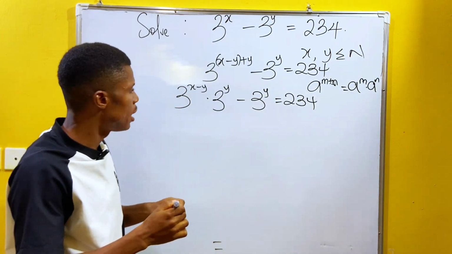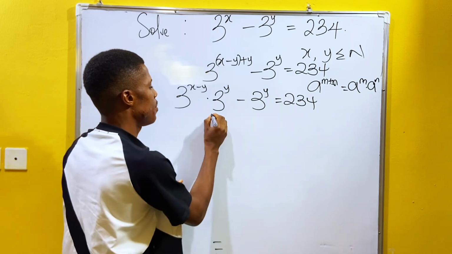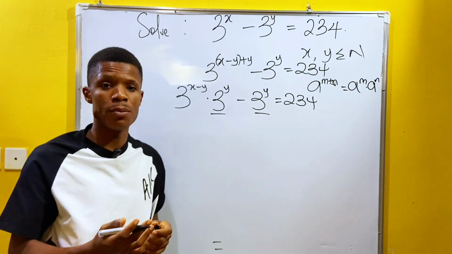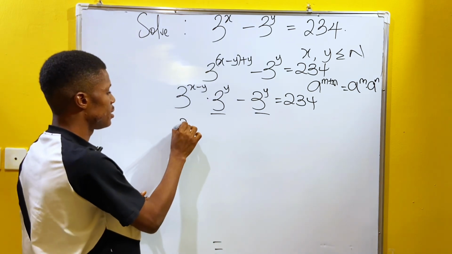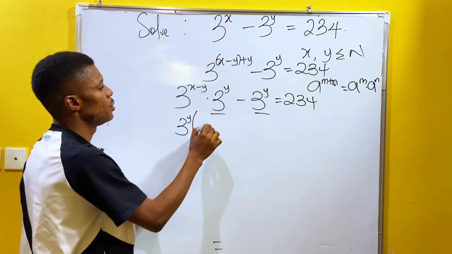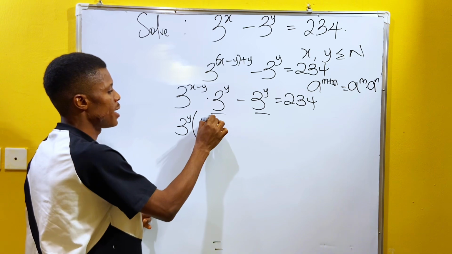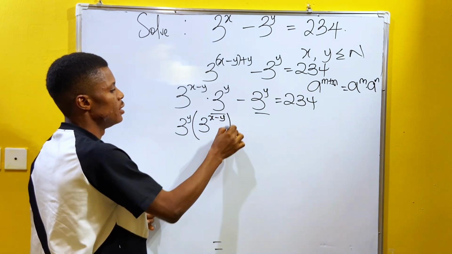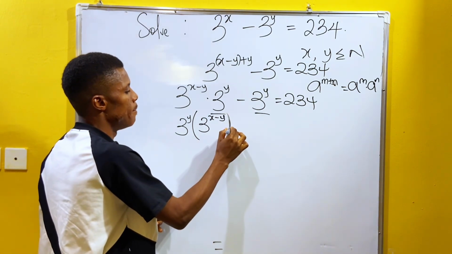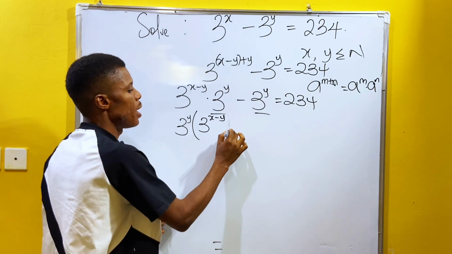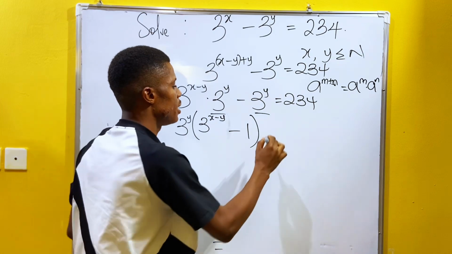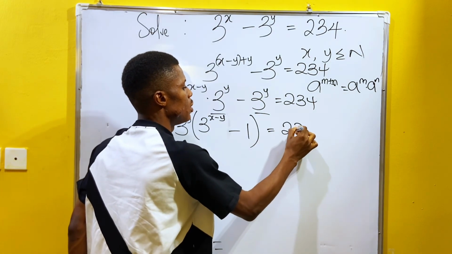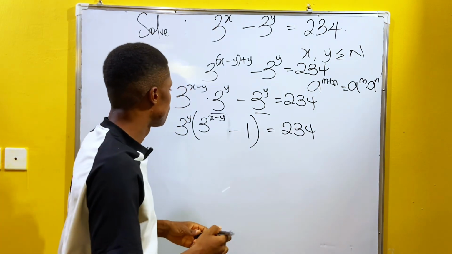You can see here that 3 power y and 3 power y are common, so you factor out 3 power y. So all you have is 3 power y times 3 power x minus y minus 1, because I factored out 3 power y, and that equals 234.